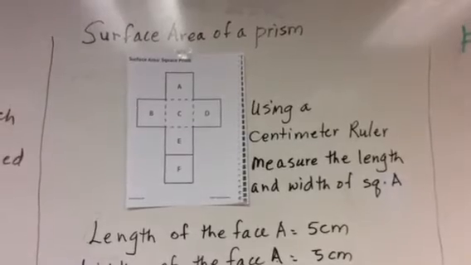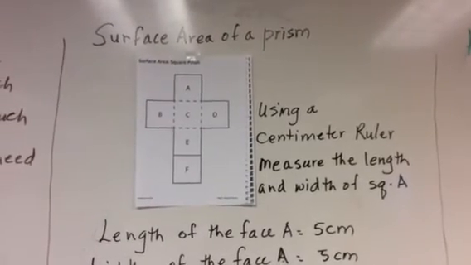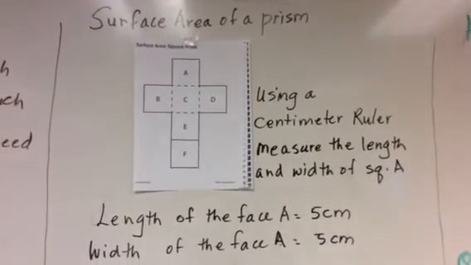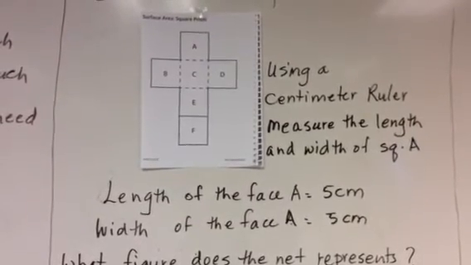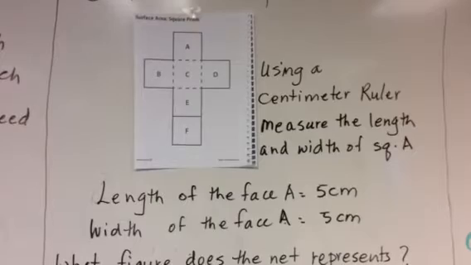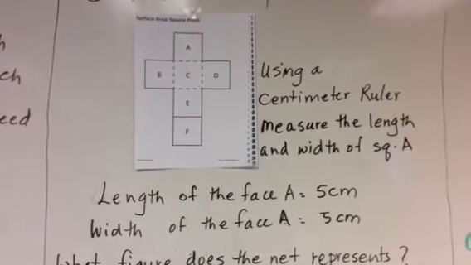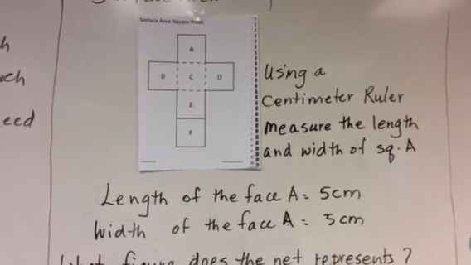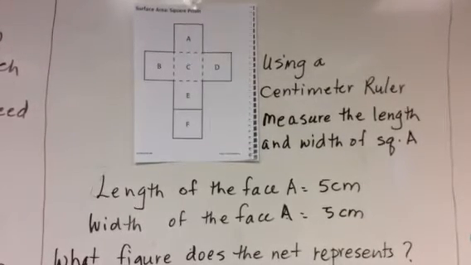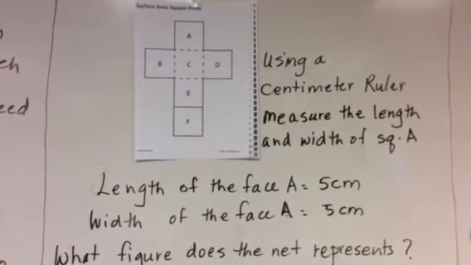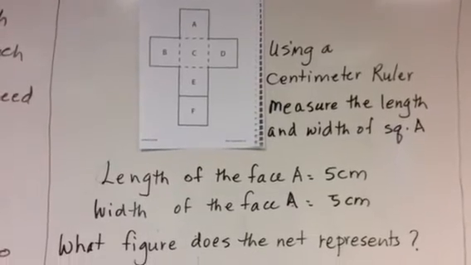If you have a ruler, you can measure it, and the length of face A, I have done it, is 5 centimeters. What will be the width of face A? It looks the same, congruent size, so it also will be 5 centimeters.